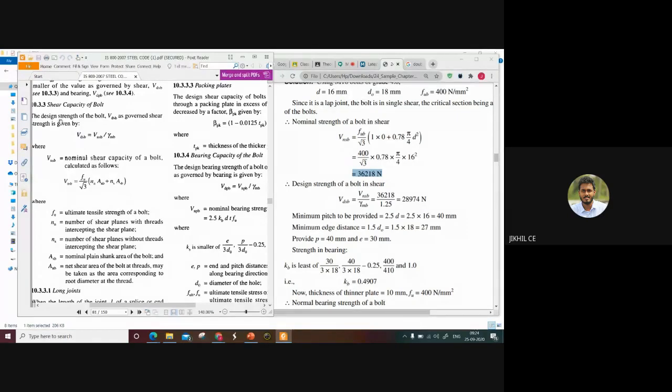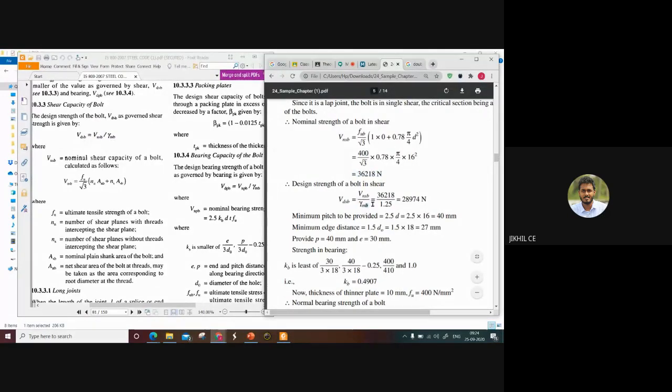VDSB is the design strength of the bolt. Design strength of the bolt is equal to VNSB by gamma MB, where VNSB is the value obtained, 36,218.